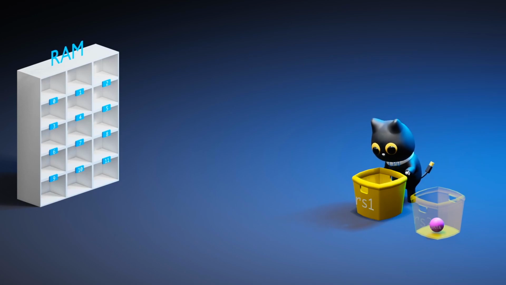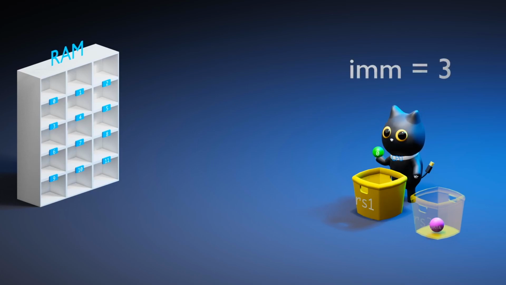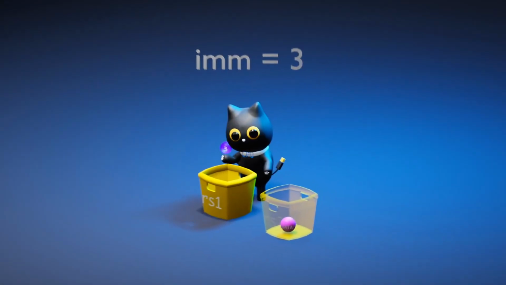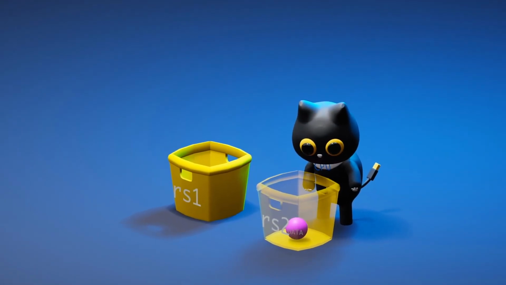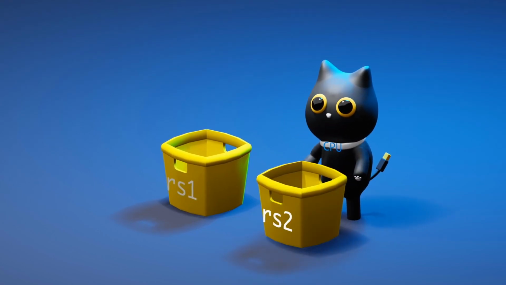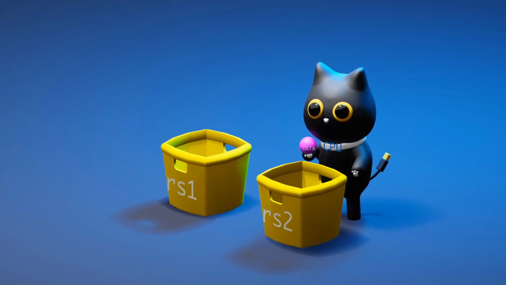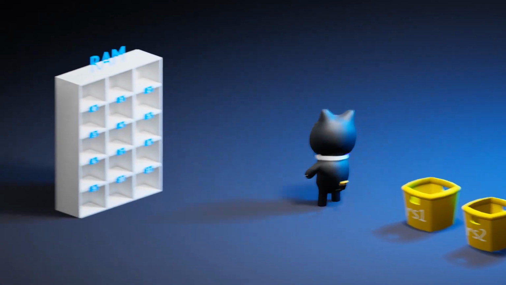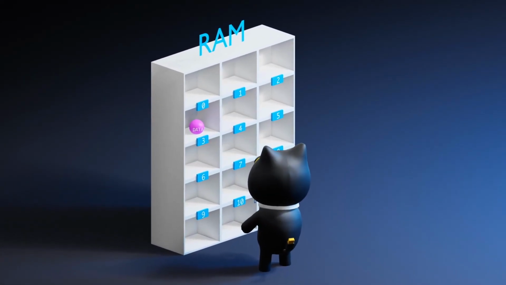In this case, the CPU goes to read the address stored in RS1, say 0, and adds to the address by the amount specified by the immediate, which is 3, giving 3. Now we know that the data in RS2 needs to be stored at location 3 in memory. The CPU then takes that data from RS2 and stores it at the appropriate location.